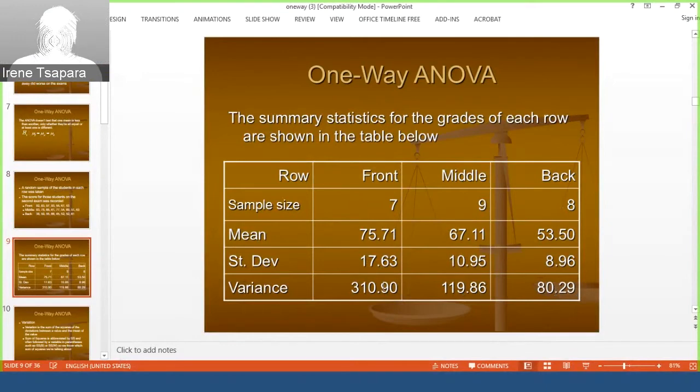That's true, they don't look equal. But what we care about is not only the number that you get here, but the sample size and the mean for each one of the rows, in order to run a test on variances and see if there is a significant difference between the different variances.